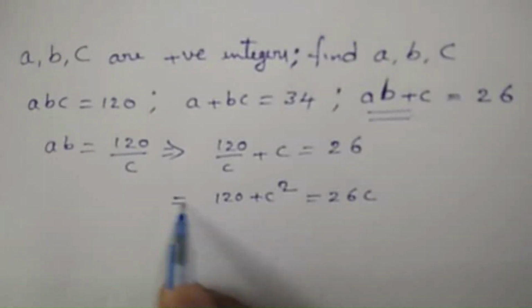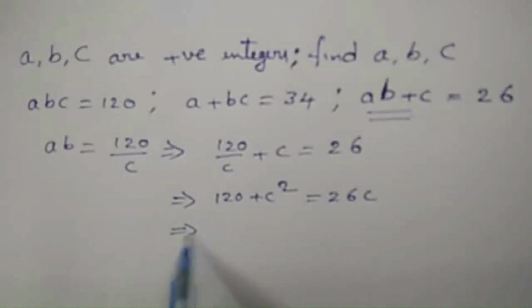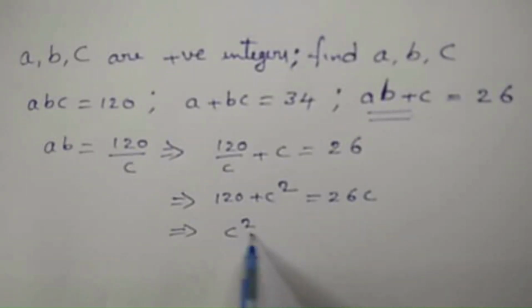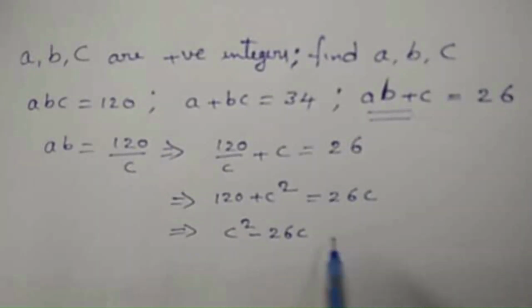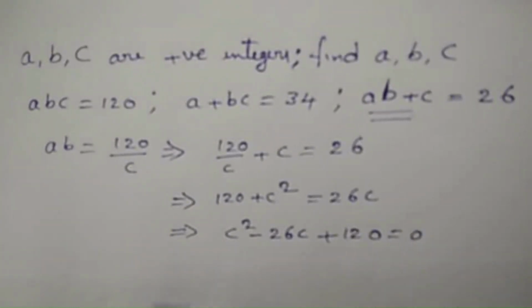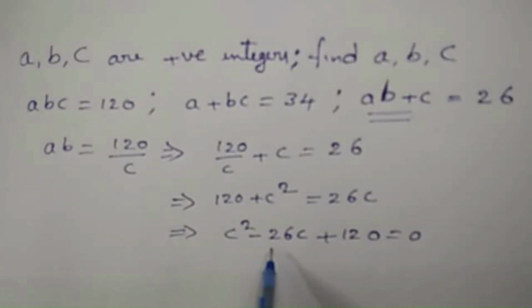That implies c square, bring this 26c to this side, minus 26c plus 120 is equal to 0. Write this minus 26 as minus 6 and minus 20.